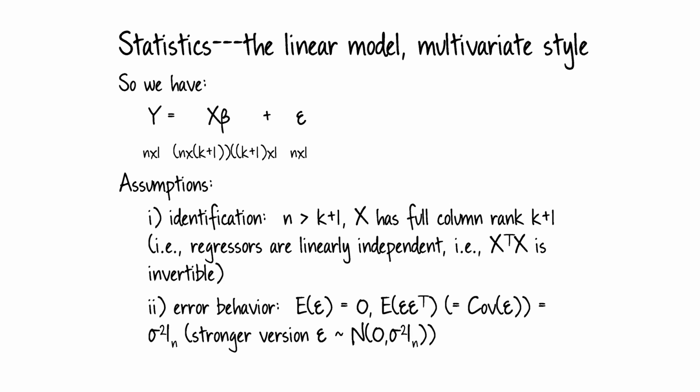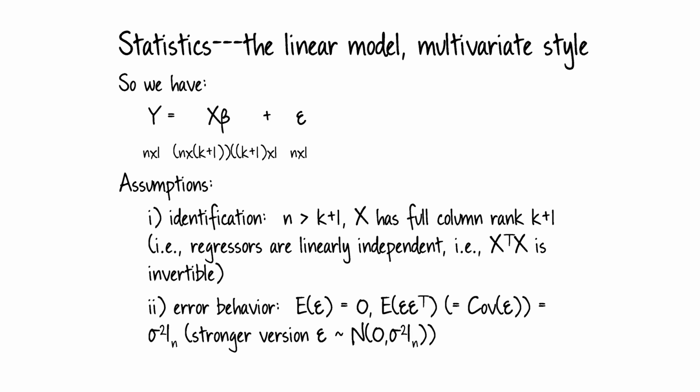This is just the covariance matrix of epsilon, which has the variances of epsilon along the diagonal and the covariances on the off diagonal. So we're saying that the diagonal is equal to sigma squared, and the off diagonals are zeros.